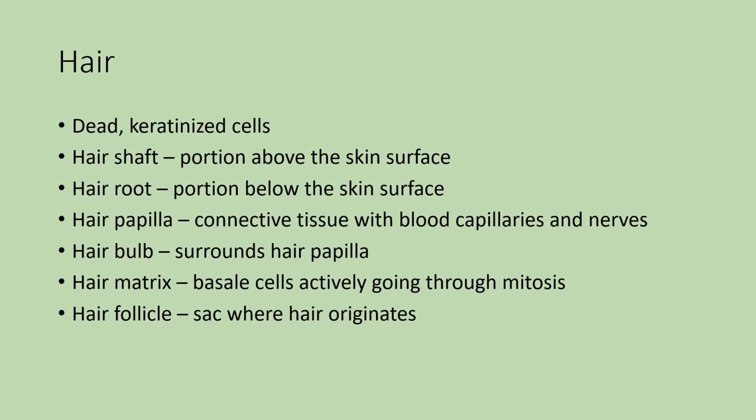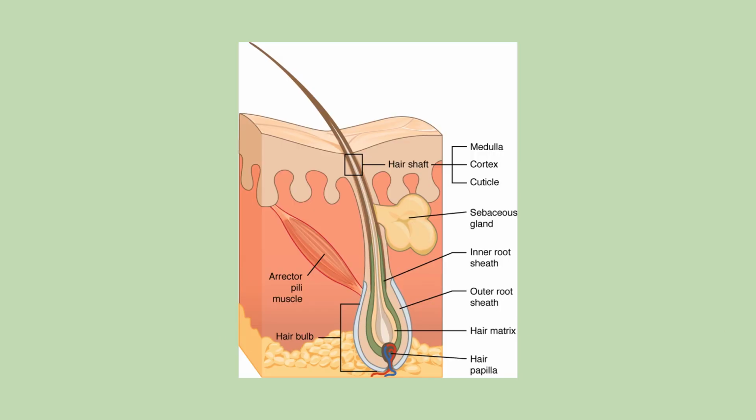As they go through mitosis, the new daughter cells are going to be pushed up or further away from them. Well, those cells that are actively going through mitosis need to have a good blood supply, so the hair matrix is going to be right near the papillae. And then the hair follicle, this is actually the sac where the hair originates.